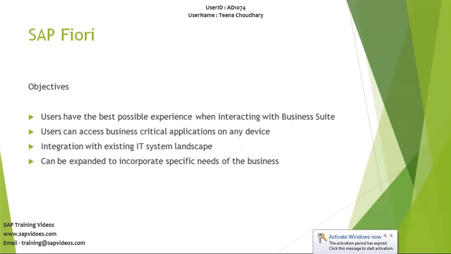But ECC is not only one module, it has different modules. Not only the logistics module, there are other financial modules also, there are CRM, SRM, everything involved. So when we are talking about SAP as a whole product, we are talking about all these modules. We are not only concentrating on one particular module.